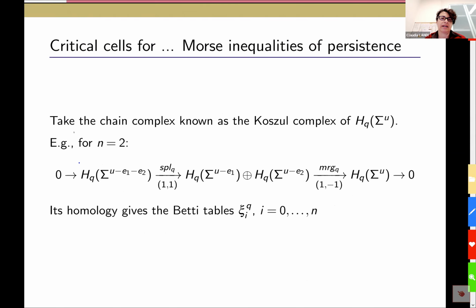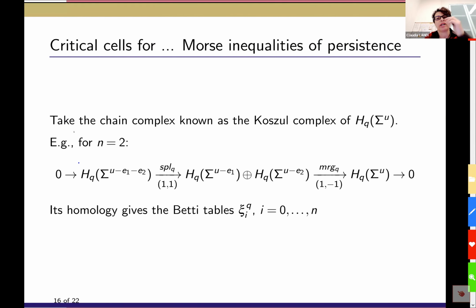Another situation where critical cells turn out to be interesting is if one tries to build Morse inequalities for persistence.